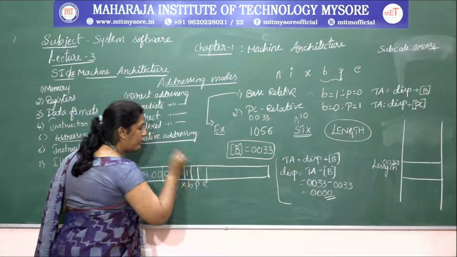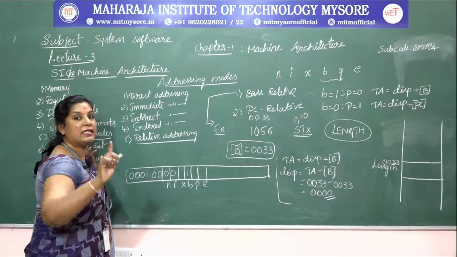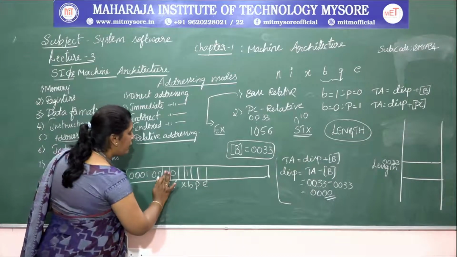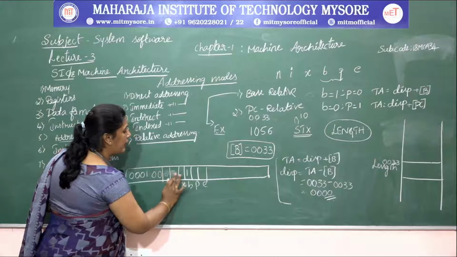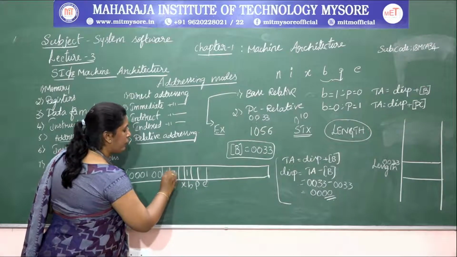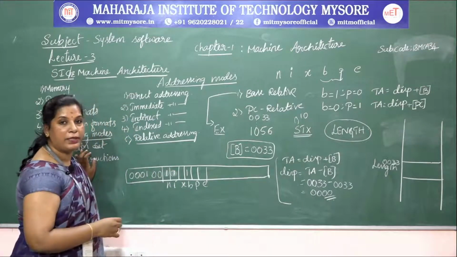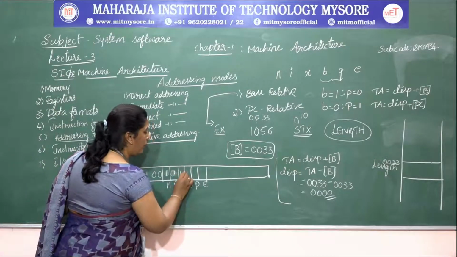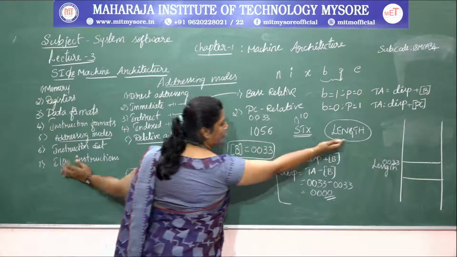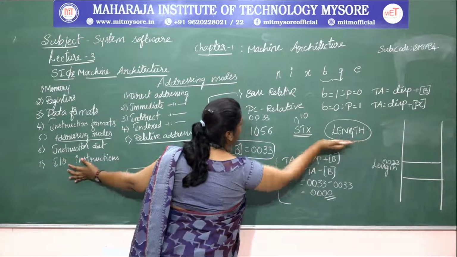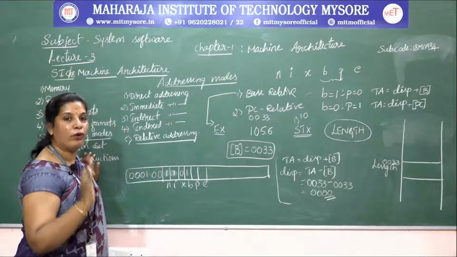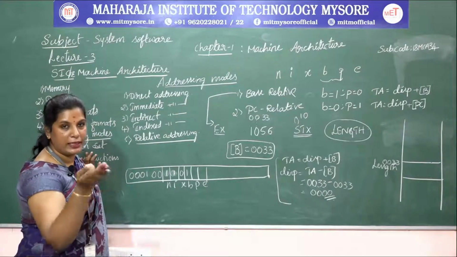So the corresponding B bit should be 1. Since it is direct addressing mode, the N bit and I bit should be 1. The X bit should be 0 because there is no index register in the operand field of this instruction, not in the operator field. We have to look for the index register in the operands field.